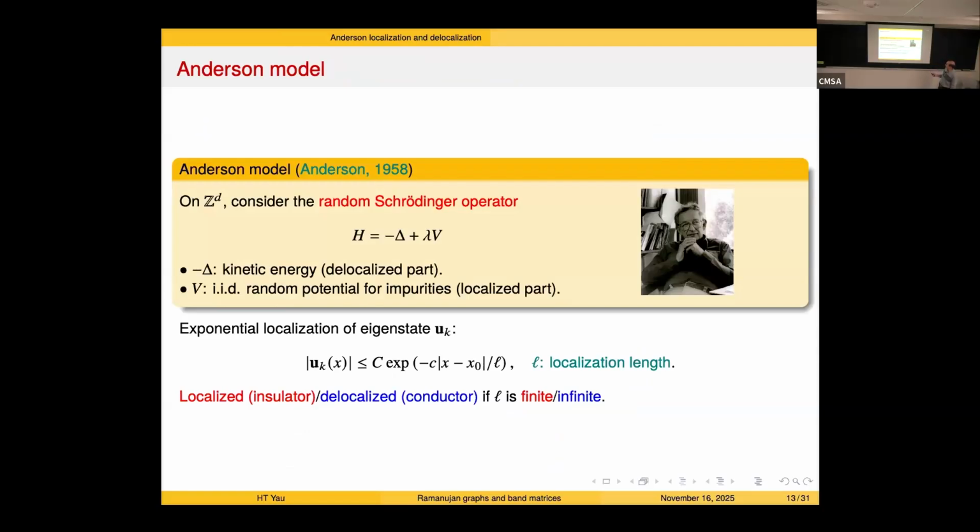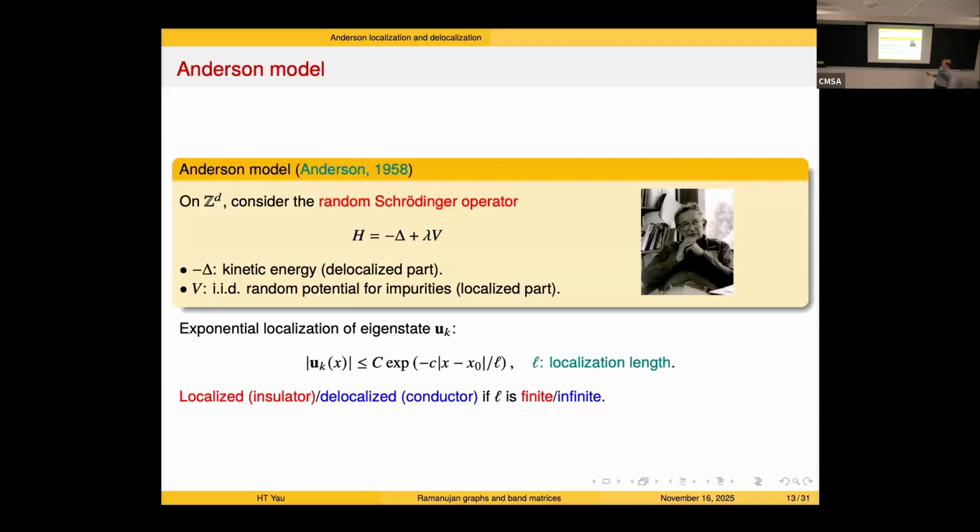Actually, he got a Nobel Prize for this work. Phil Anderson wanted to study the semiconductor, and you want to understand why the semiconductor is semiconducting. So the electron Hamiltonian is given by a Laplace operator plus lambda times V. Now, if you think about it, this Laplace operator is not continuous. You should think about it on a lattice, on d dimensions, on Z^d.